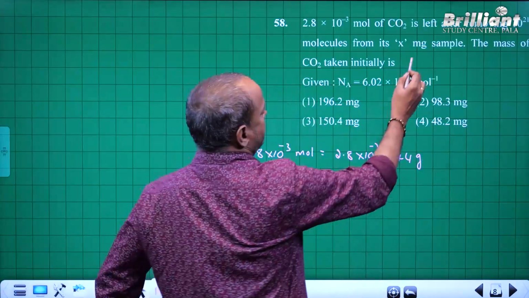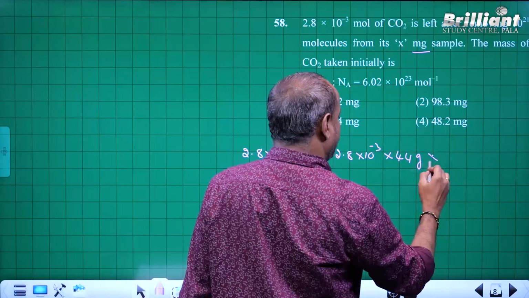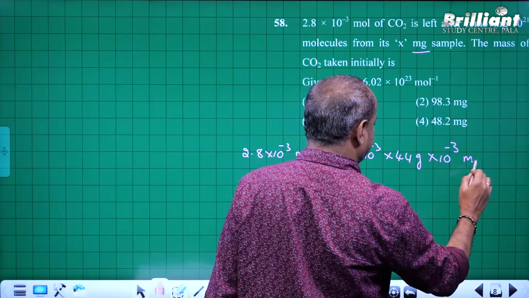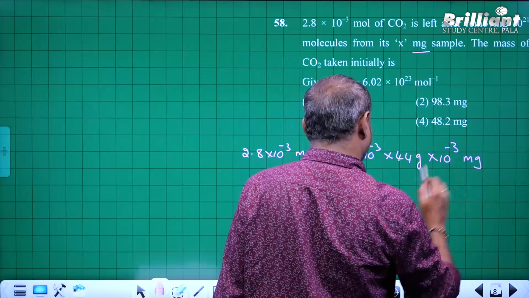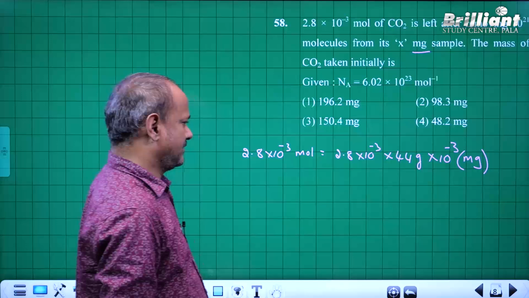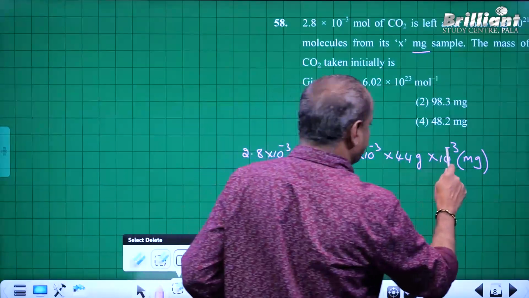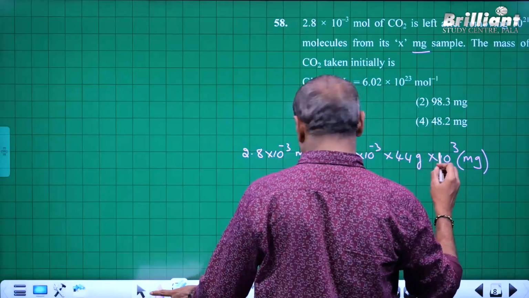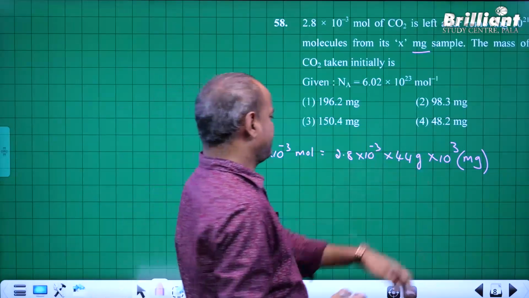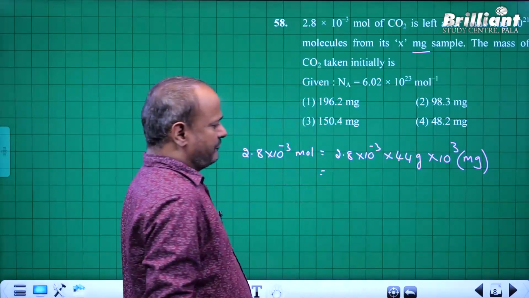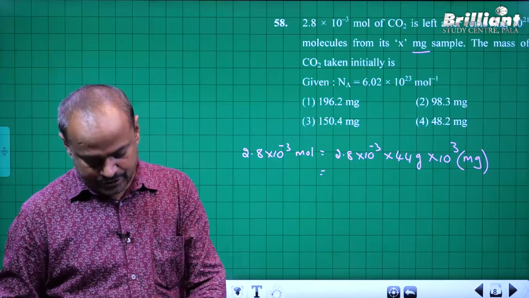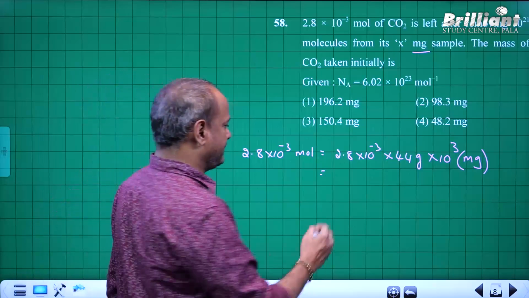But milligrams are required, so into 10 raised to 3, since 1 gram is 1000 milligrams. So this is cancelled. 2.8 into 44 gives nearly 123.2 milligrams.